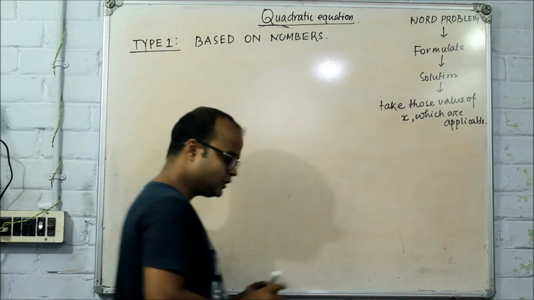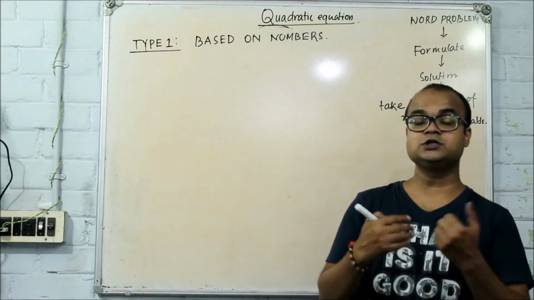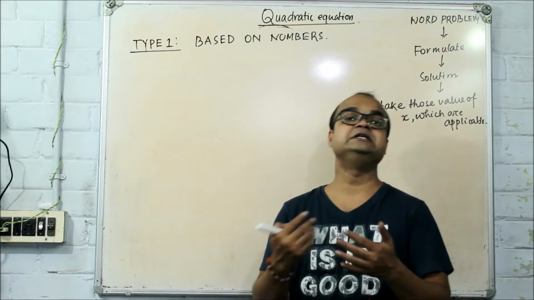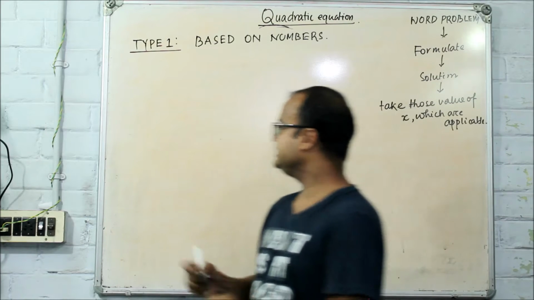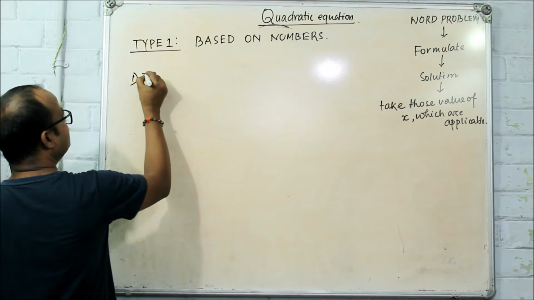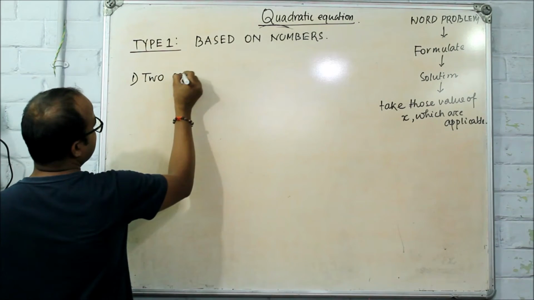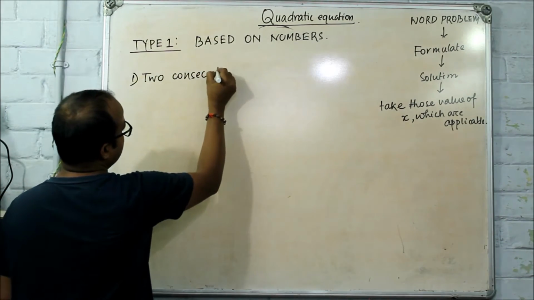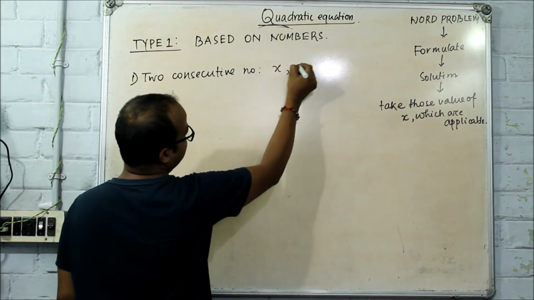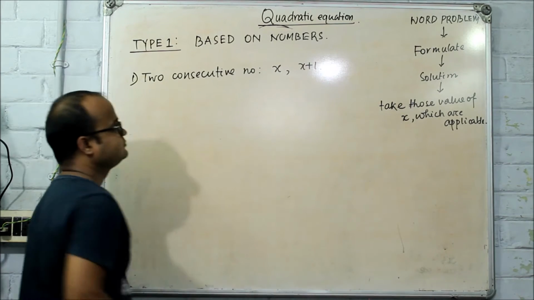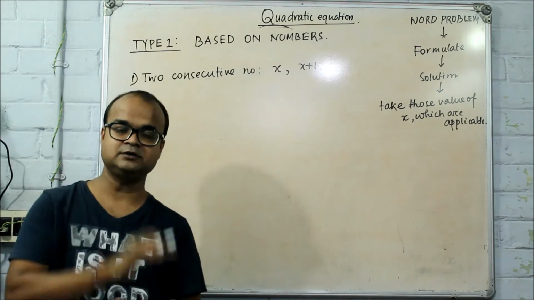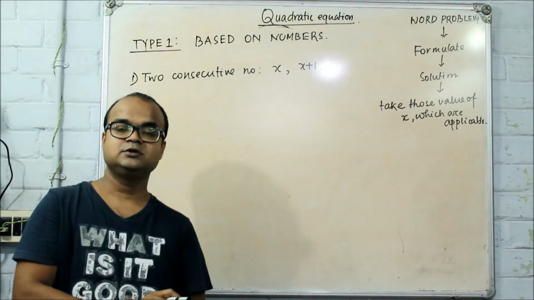Suppose the question is given as: find two consecutive natural numbers or find two consecutive integers. In that case, you need to consider the two consecutive numbers as x and x plus 1, because consecutive numbers are like 2 and 3, 4 and 5.